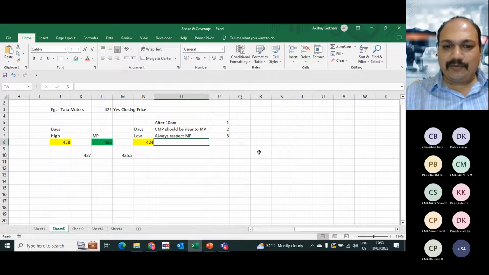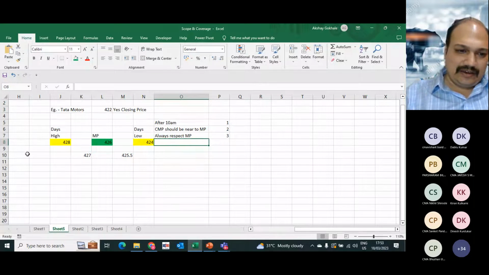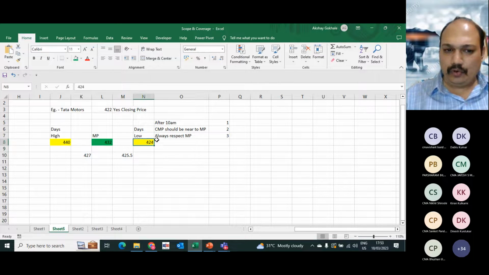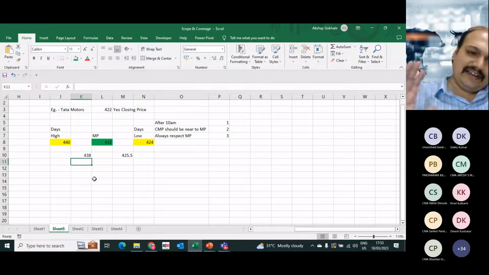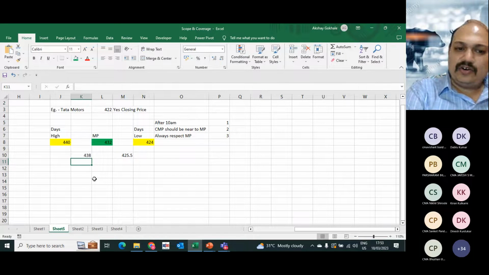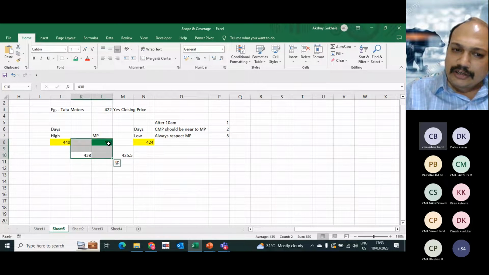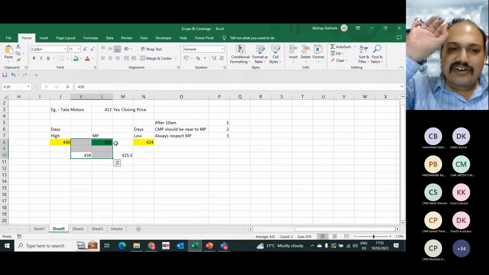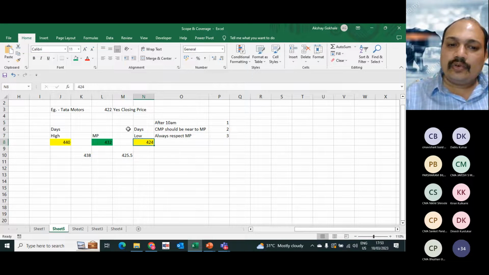Correct. And one more thing, with time you will come to know that suppose the day high of Tata Motors is 440 and the day low is 424, and Tata Motors is trading at 438, meaning it is near the day high. If it collapses below 432, then 100% it will go tremendously down and create a new day low.